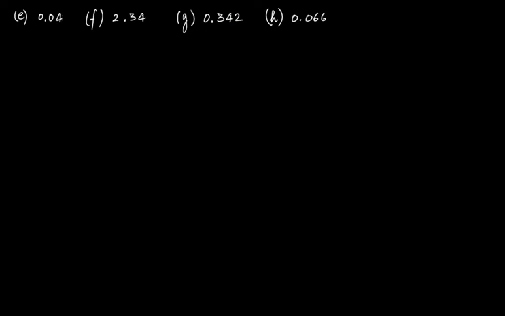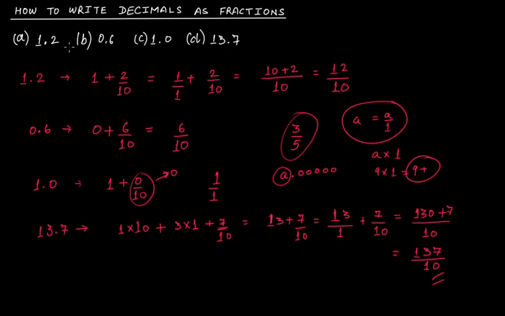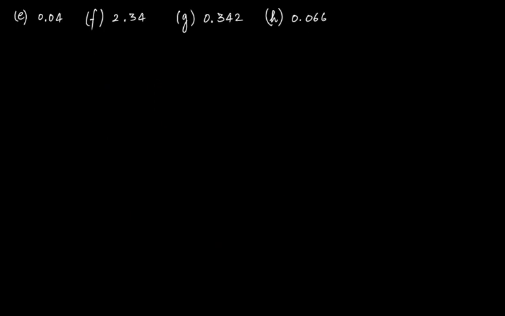Now, in this case we have only the tens place, but here we have the hundredths place as well. If you look at 0.04, it tells you that at the ones place you have 0.